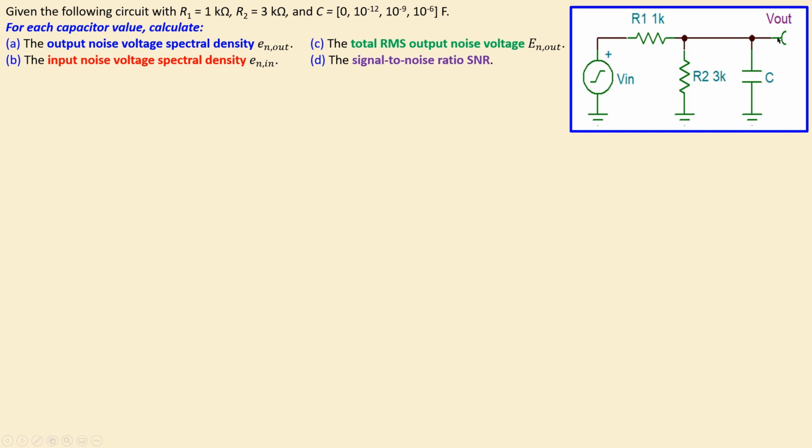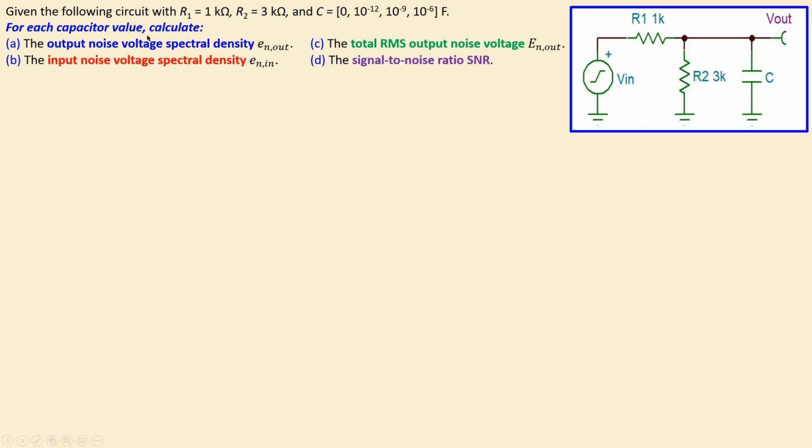We have the output voltage at this node, and we have an input voltage Vin, which is then our AC input voltage. So two resistors and one capacitor, and the capacitor value will change from 0 to 1 picofarads to 1 nanofarads and 1 microfarads, and we will then carry out the calculations for each case for the capacitor.